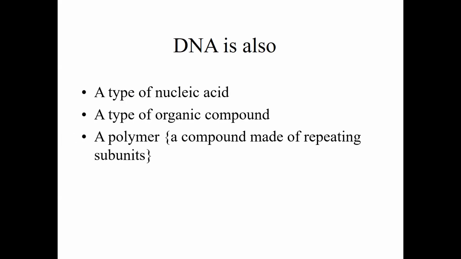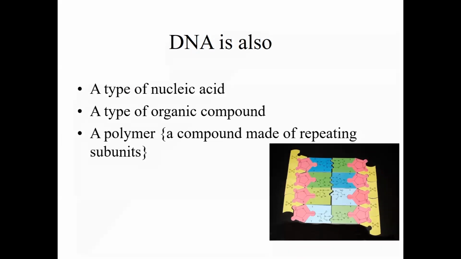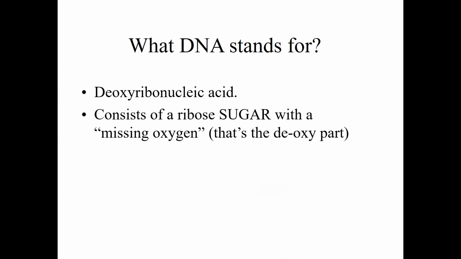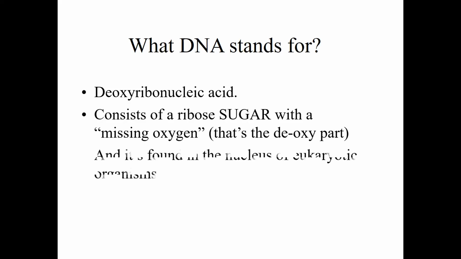A polymer, a compound made of repeating subunits, is called a polymer, a polymer of nucleotides. What does DNA stand for? DNA, as I already mentioned, is deoxyribonucleic acid. It consists of ribose sugar with a missing oxygen. That's why it is called deoxy.